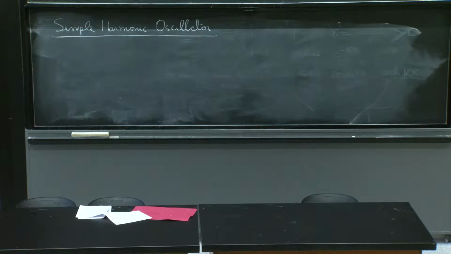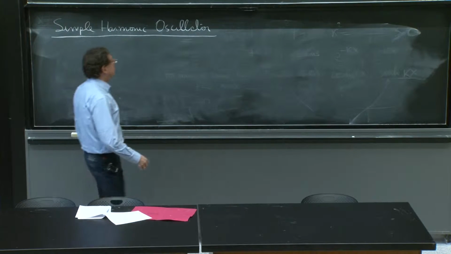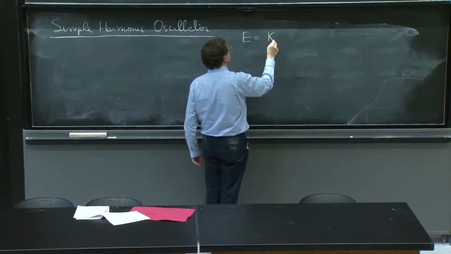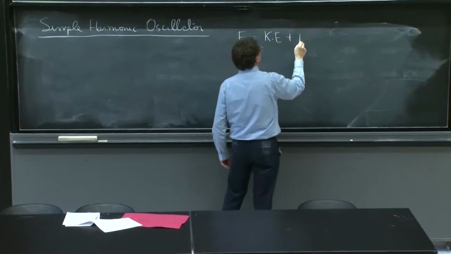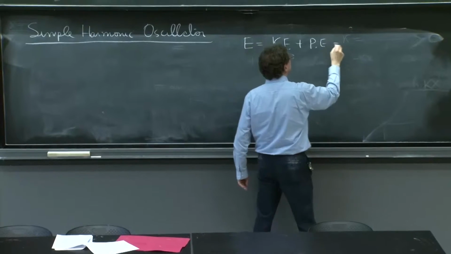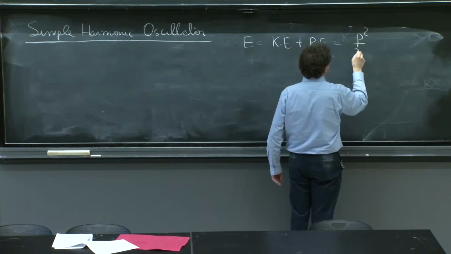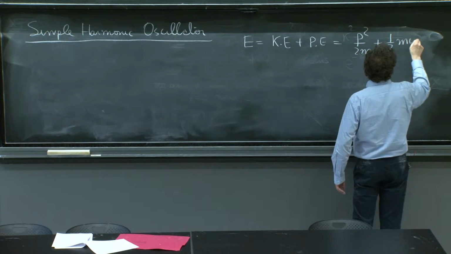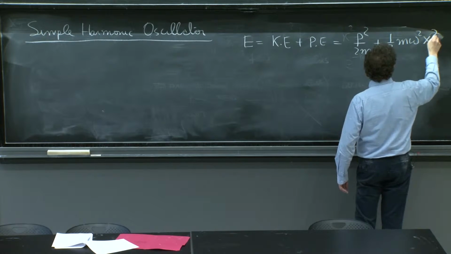An oscillator, a spring with a mass, oscillates and has an energy, which is the kinetic energy plus the potential energy, and that's p squared over 2m plus 1/2 m omega squared x squared.